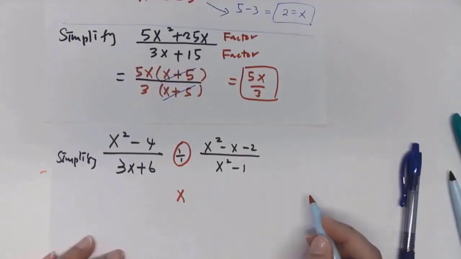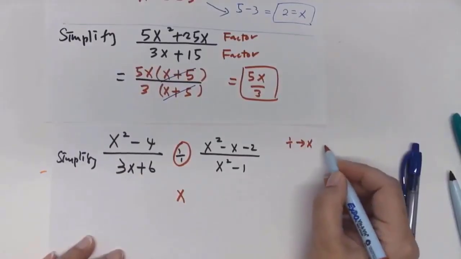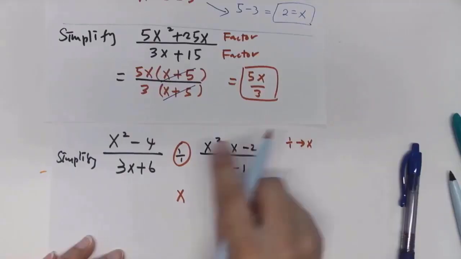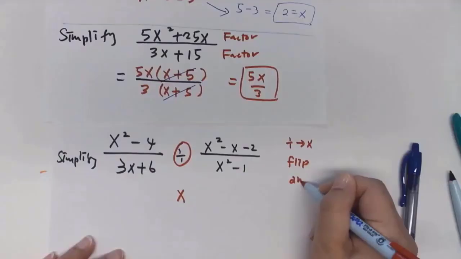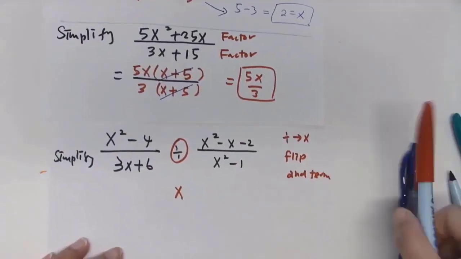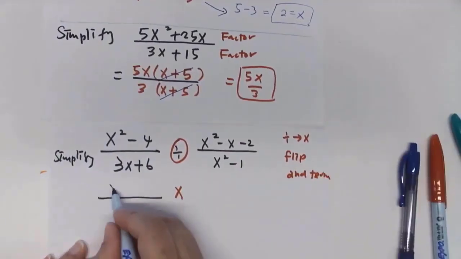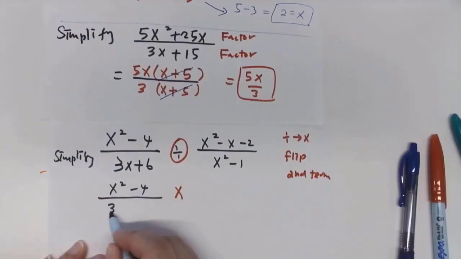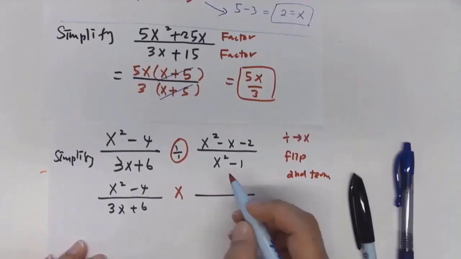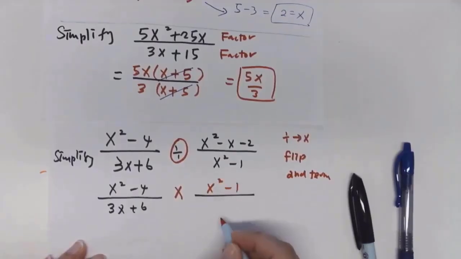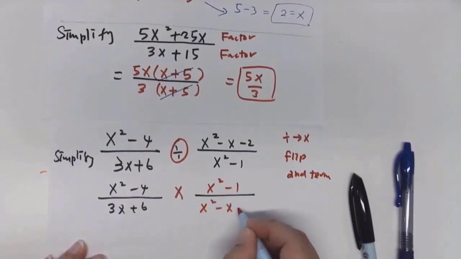Multiply, and then flip which one? First term, second term. Flip the second term only, okay? So the first term stays the same, x squared minus 4 over 3x plus 6. This is what on top? X squared minus 1, and x squared minus x minus 2.